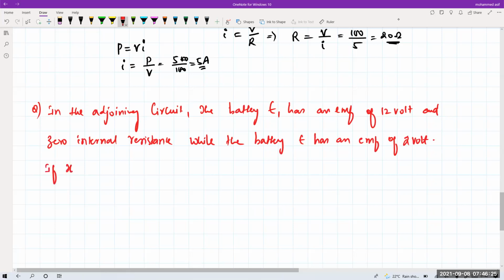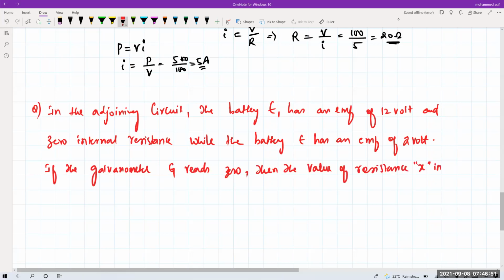If the galvanometer G reads 0, the galvanometer being an instrument which measures current, so the current through it is 0, then the value of resistance X in ohm is? First option is 10, second option is 100, third option is 500, and fourth option is 200.